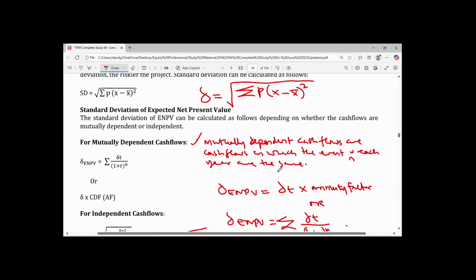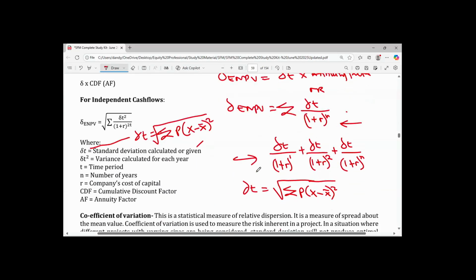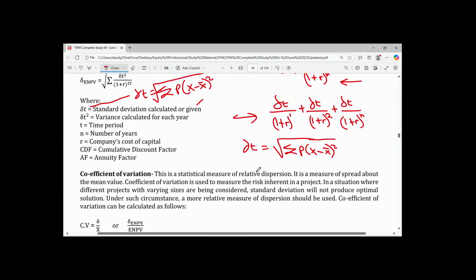Now, all my explanation so far is for the mutually dependent cash flow. If you are now asked to calculate independent cash flow, an independent cash flow is a standalone cash flow in which the events of each year are the same.